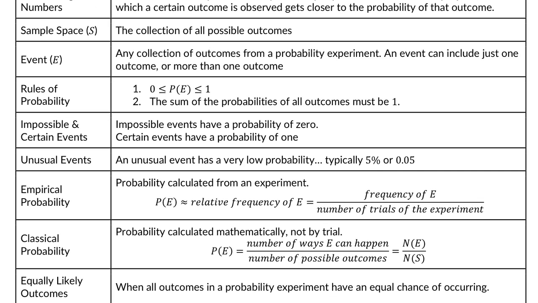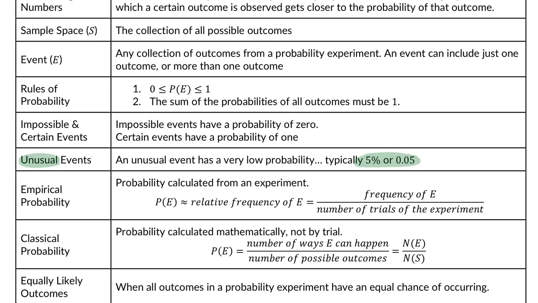The next vocabulary word we're going to skip down to is unusual events. Again, in statistics, calling something unusual is an actual vocabulary word, not just saying it's kind of unusual. This has a number associated with it, and it is still that 5% or 0.05. If your probability is less than that, your event is actually unusual by the statistical definition of unusual events.